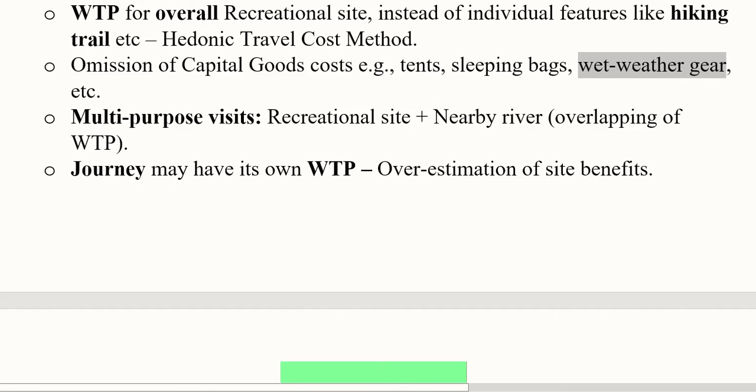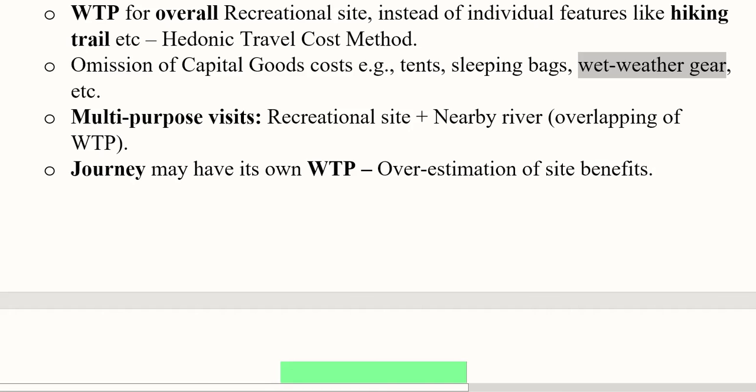A similar situation can arise when people are fond of traveling, because when they are fond of traveling, the recreational site will not be the only objective of traveling. The journey itself will also be another excitement for the people, and they'll be willing to pay for it. This is why the overall WTP will not only be for the recreational site, it will also be for the journey that they do from their home to the recreational site and then back.